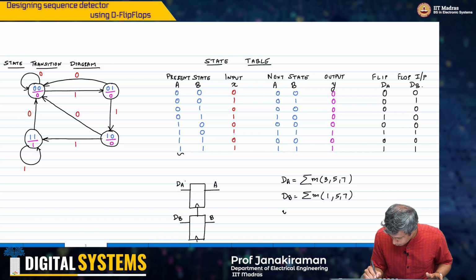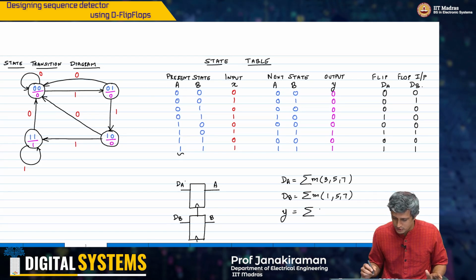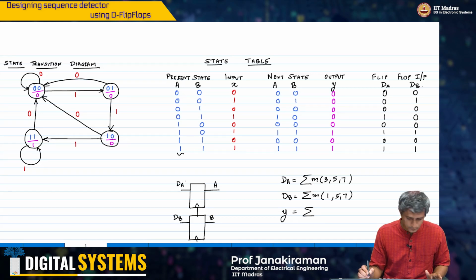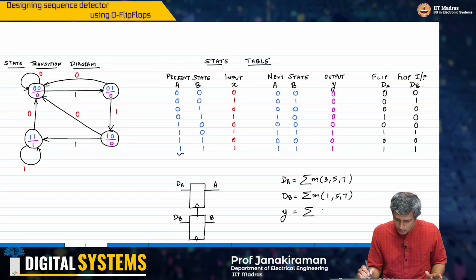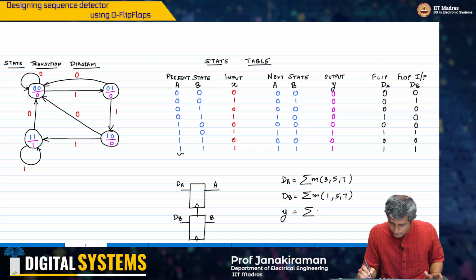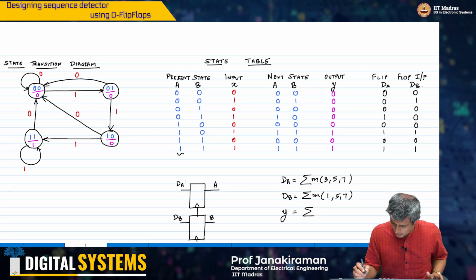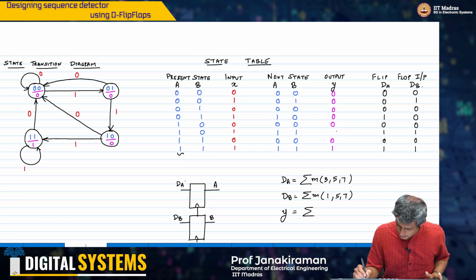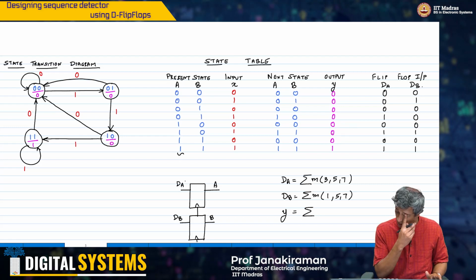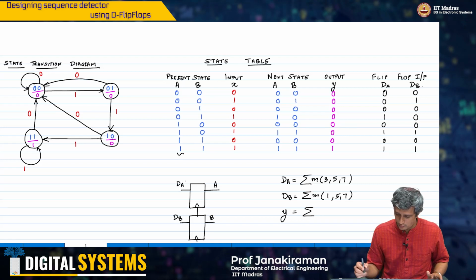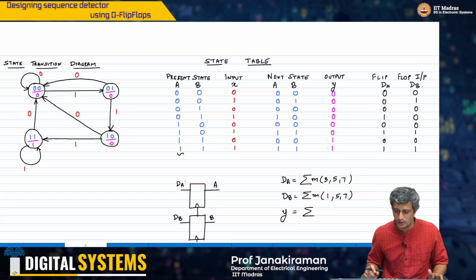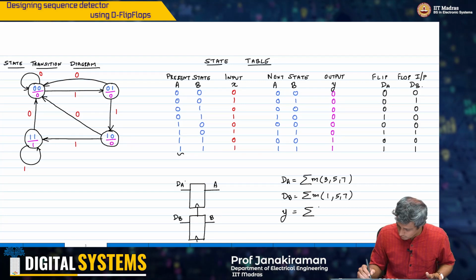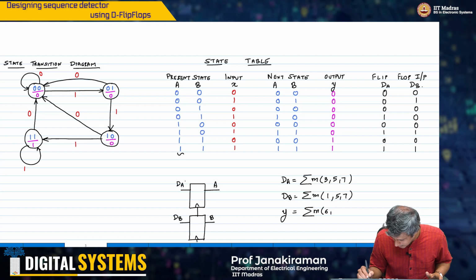And my output Y, sorry, here I have to look at the present state, right? If the present state is 1 1, then I will output a 1. That's all that matters. So therefore this will be minterms 6, 7.